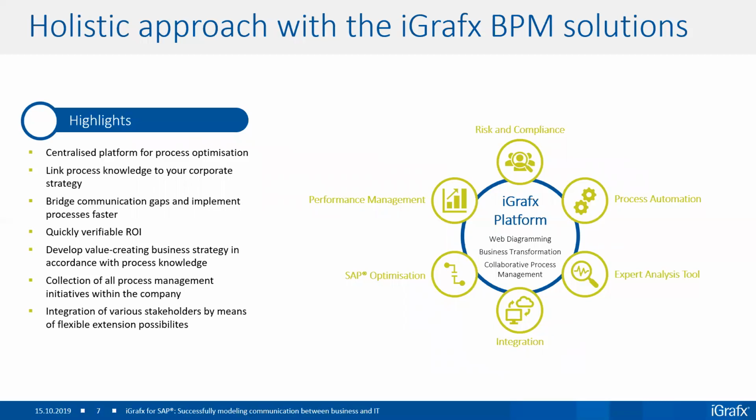The iGrafx platform is our core component. That means on the iGrafx platform, you can do web diagramming, you can do collaboration, you can do business transformation, and all of the challenges that we just saw. And anytime you need something else like SAP integration, like performance management, like risk and compliance, you can enable that module, and then you have the capability to do so.